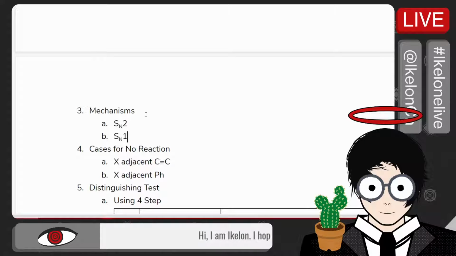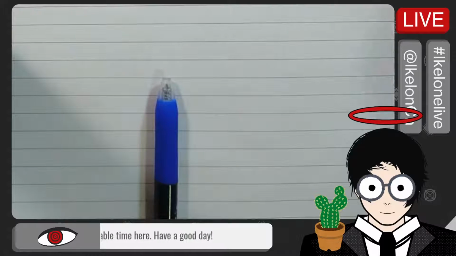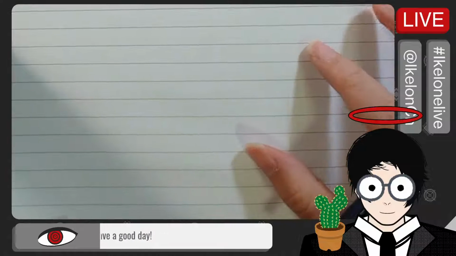Okay, so these mechanisms are nucleophilic substitution mechanisms. So let's go to our paper, SN2, right?